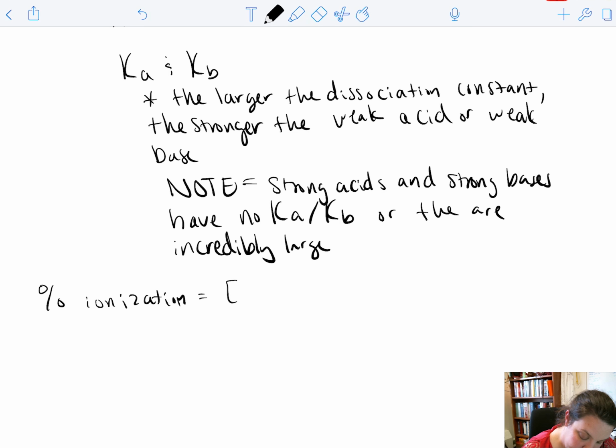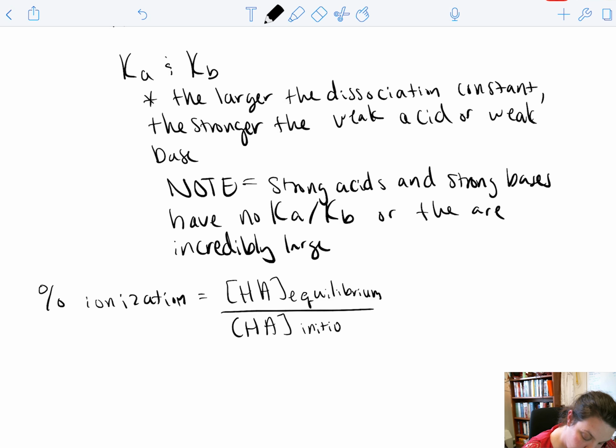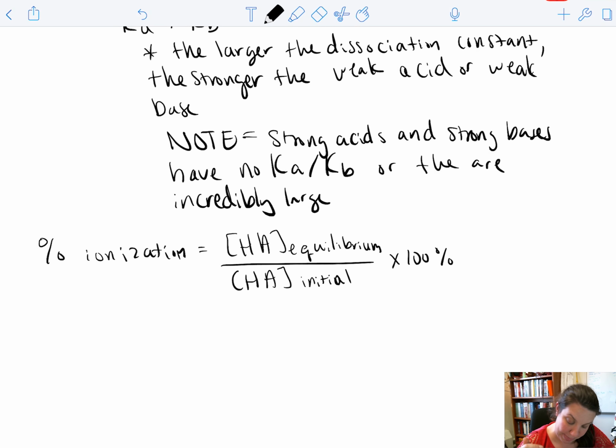So we can have our equilibrium concentration of our HA divided by our initial HA concentration, times that whole thing by 100, and that will give us our percent ionization. So that will basically tell us how much of our HA has dissociated.